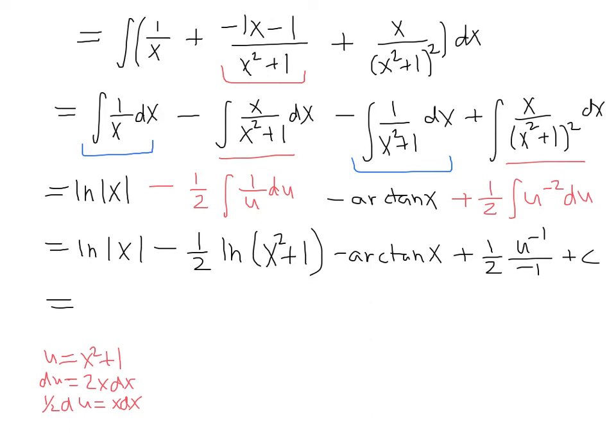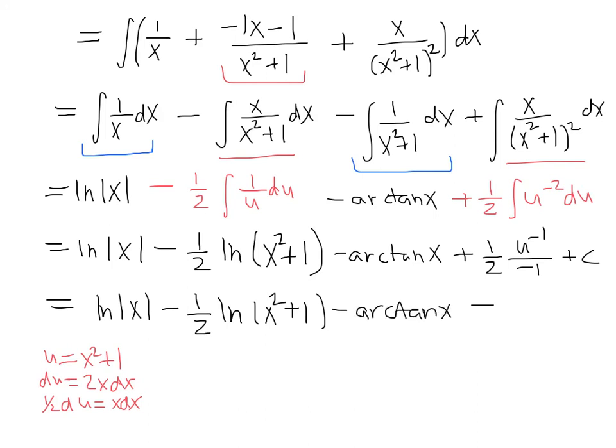So your final answer is ln absolute value x minus 1/2 ln of x squared plus 1 minus arctan x minus 1 over 2 times x squared plus 1 plus c.